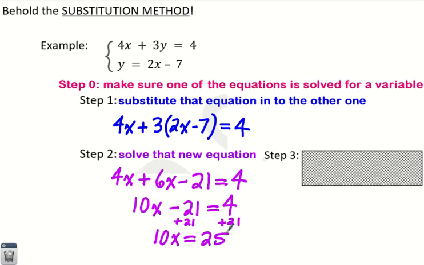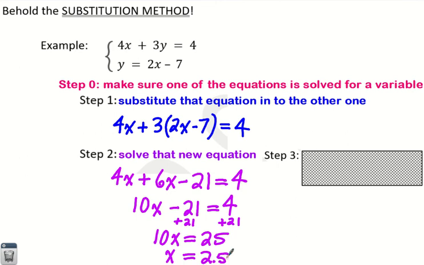And then when we divide both sides by 10, I believe I should grab a calculator, but I'm 99.999% sure that it's going to be x equals 2.5. All right. So again, look, not completely ugly, this x coordinate of the solution, but not perfectly nice.